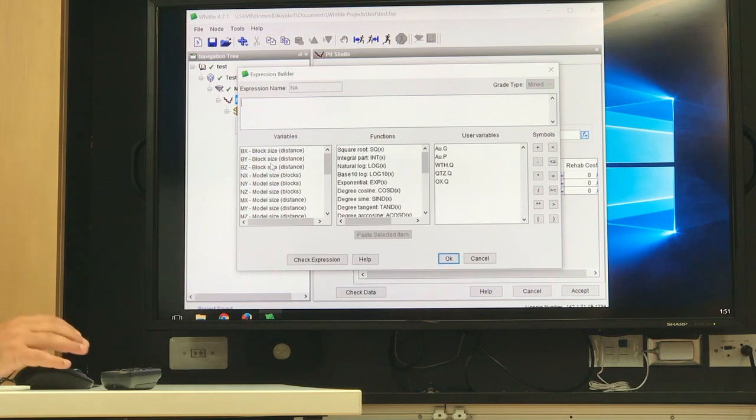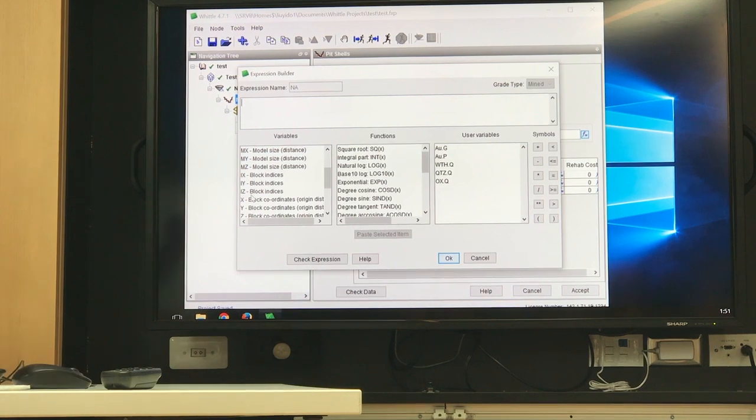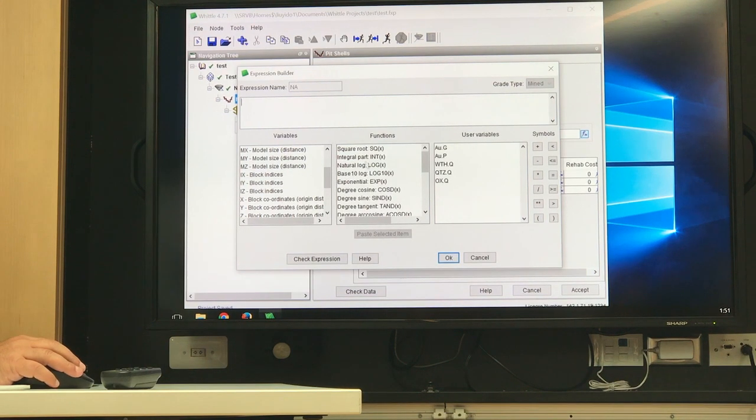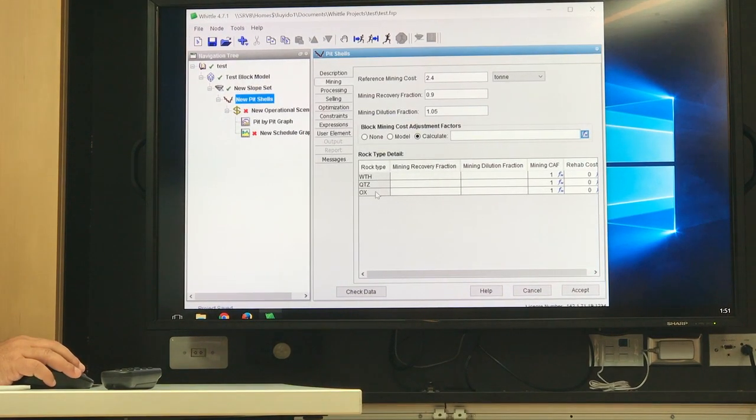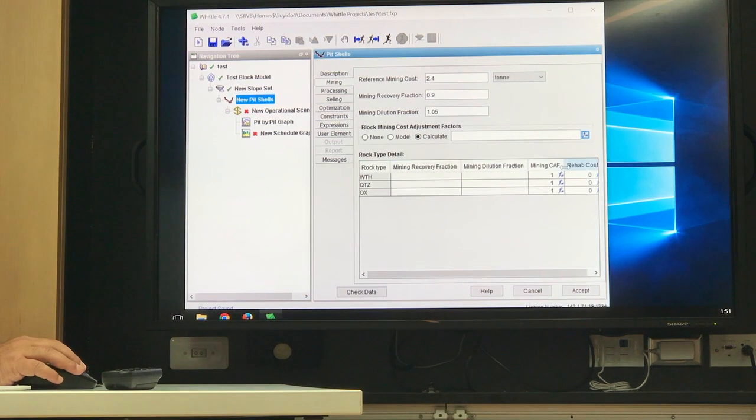You could do this by looking at the block indices in the Z direction, if you want to increase it by going down. Then you could work with these functions and write an equation for this. Or let's say you have different materials here and you want to assign a different mining cost adjustment factor to them.